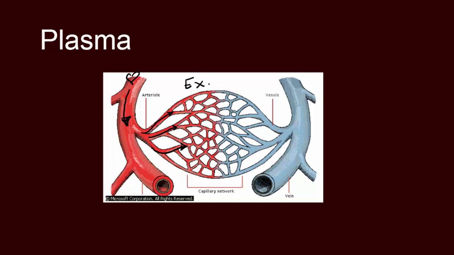After exchange of those gases and nutrients and chemicals, blood is going to be drained into a series of smaller venous structures, and eventually that blood is going to drain into progressively larger and larger veins, and that blood is going to be heading back to the heart for us.